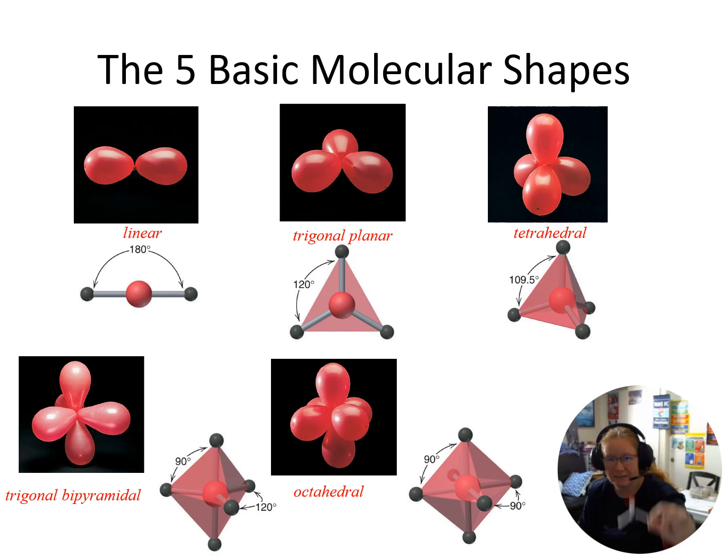Trigonal planar, it's a flat triangle, so trigonal, tri, 3. Planar, flat in one plane. Okay, tetrahedral forms a tetrahedron. Now we get into things that are sticking out in multiple places. We have our trigonal bipyramidal. Okay, and then our octahedral.